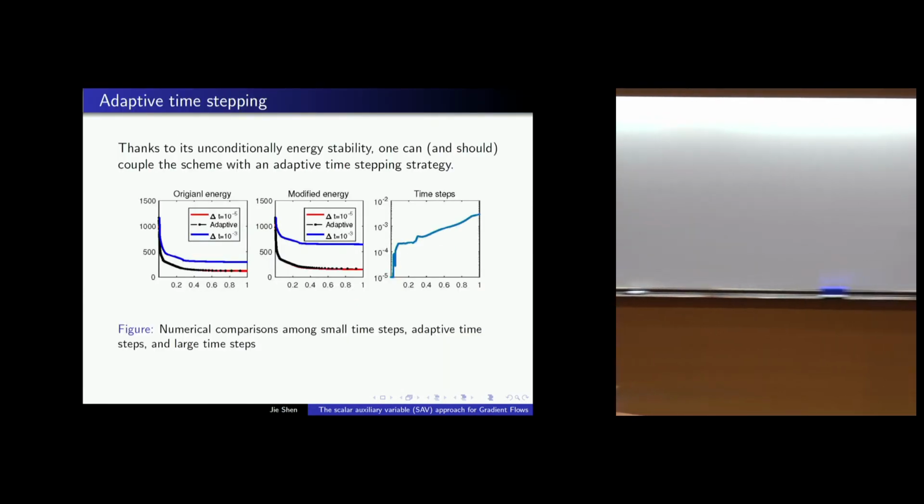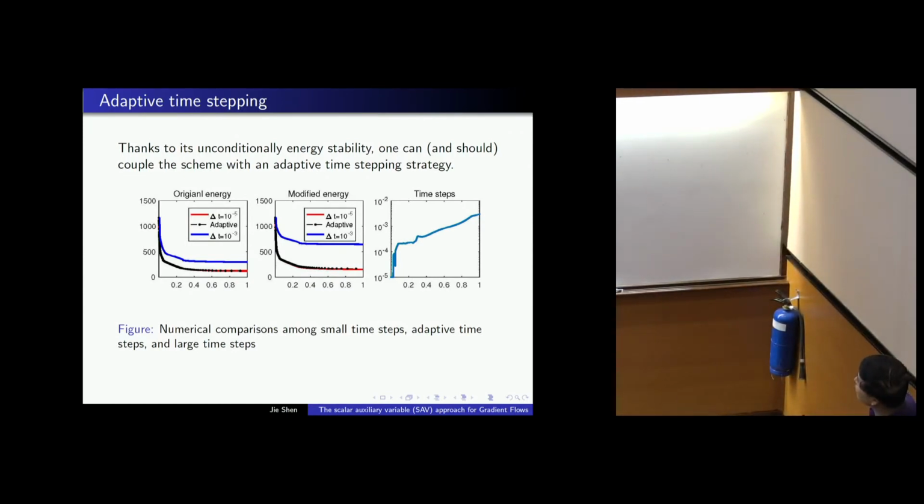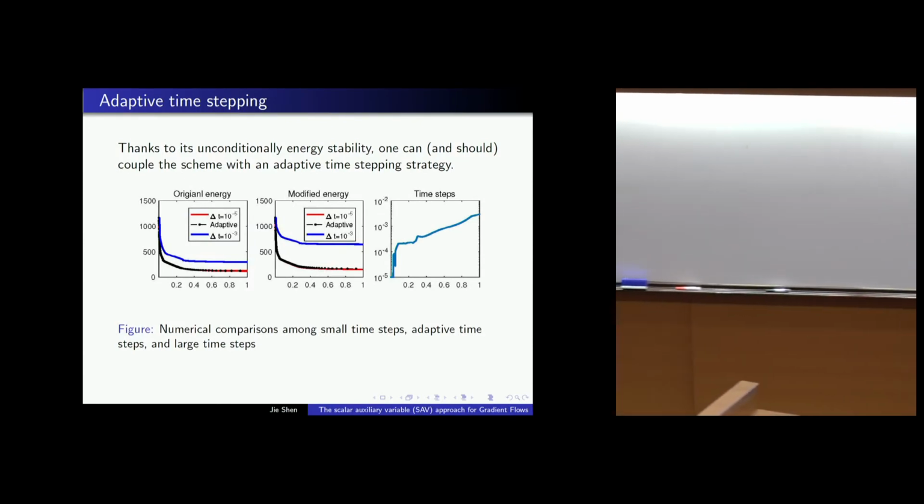So for example, here is the original energy, here is a modified energy, and this blue line is with a large time step, so that it's not very accurate. And if you use adaptive and smaller time step, then you get the perfect agreement. So here's the original energy, modified energy, the same story.